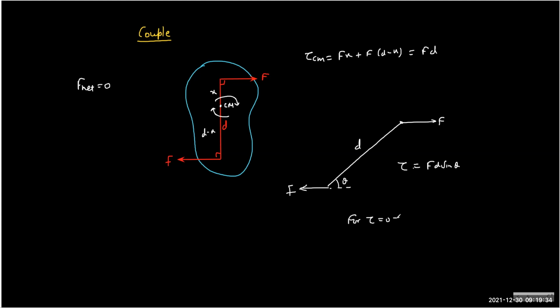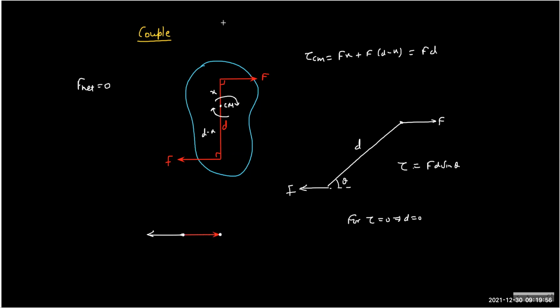For torque equal to zero, D must be zero because you cannot make F zero. So the only way to make it zero is when D is zero, which means the lines of action of the two forces are collinear with each other.